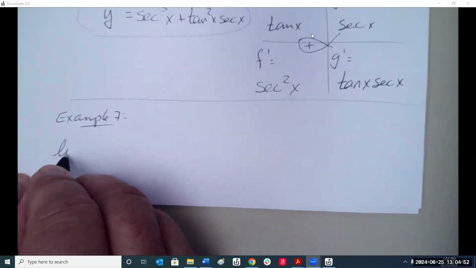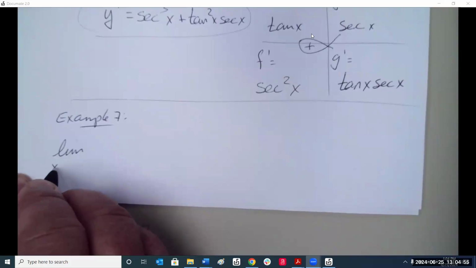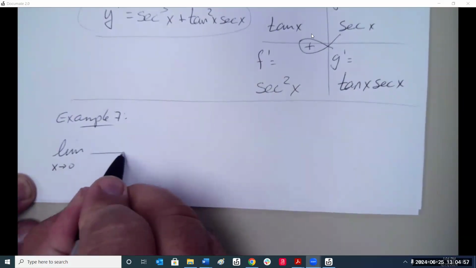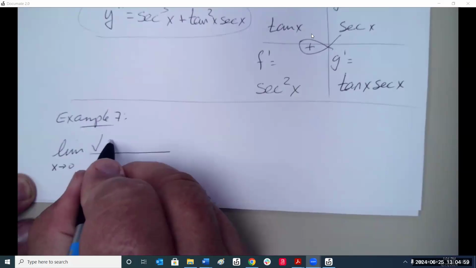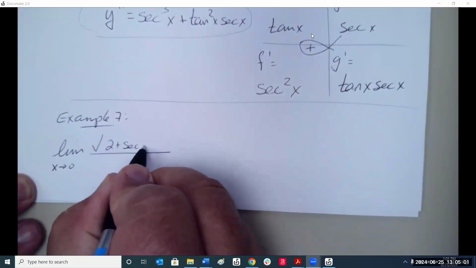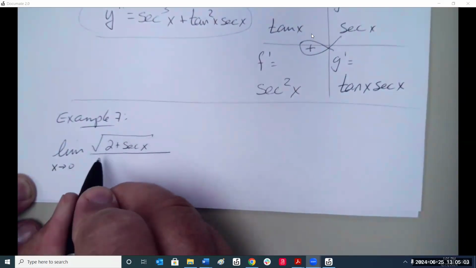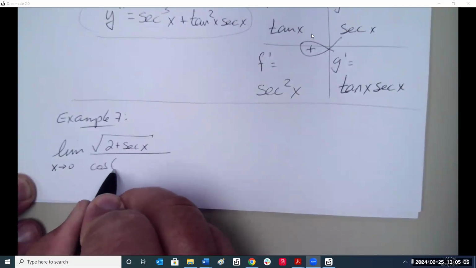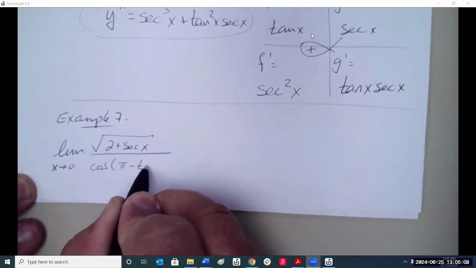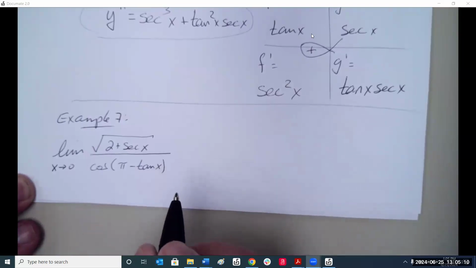What if we had the limit as x approaches 0 of square root of 2 plus secant x over cosine pi minus tangent x?